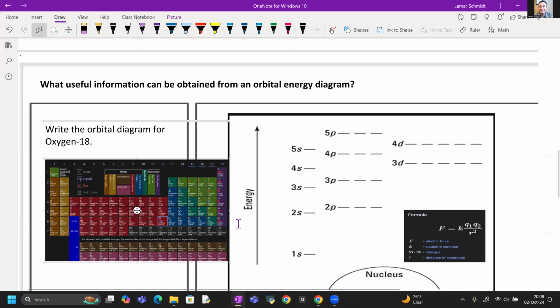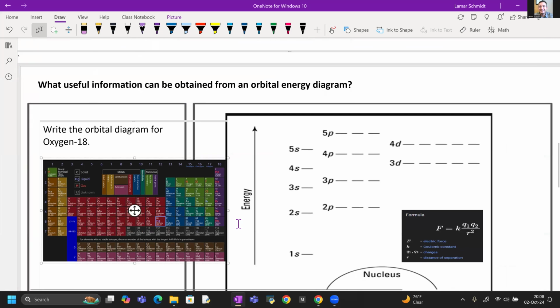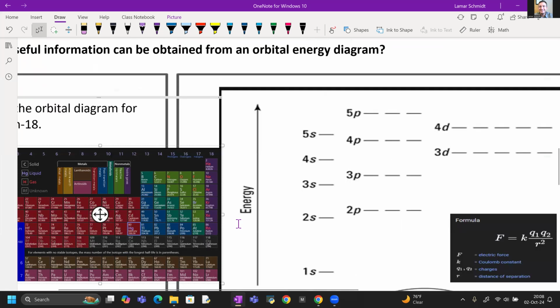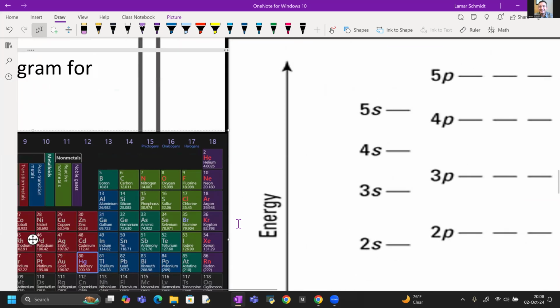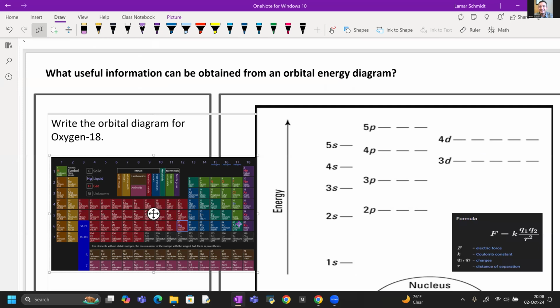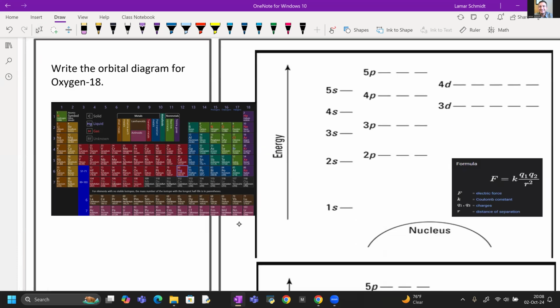Just a simple isotope of oxygen. And so we see that oxygen indeed has an atomic number of 8, but this is oxygen with a mass number of 18. What does a mass number mean? If you remember, the mass number is the number of protons and neutrons in the atom.